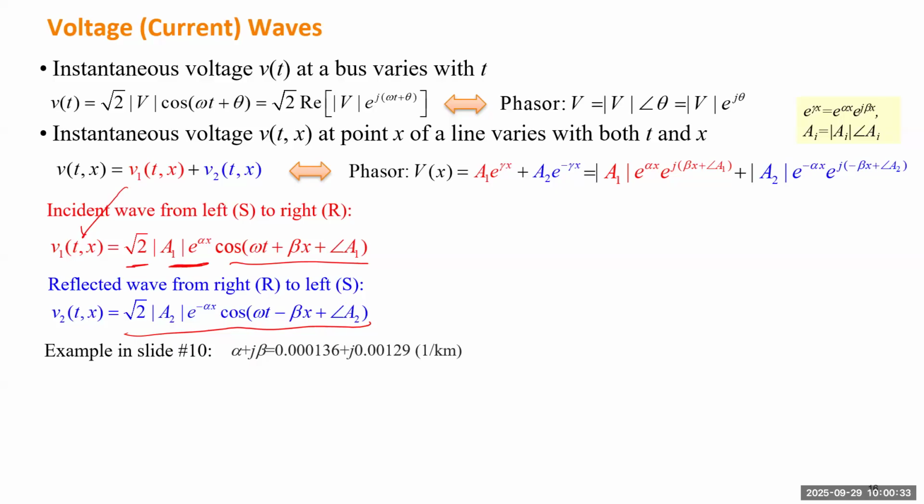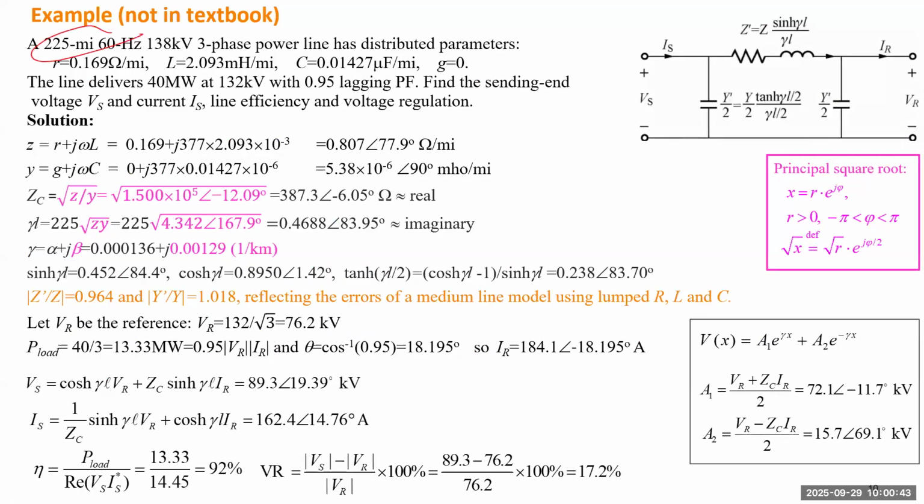So if we utilize the example from slide number 10, where we did a calculation for a long line model for a 225 miles line, we have those A1 and A2 solved.